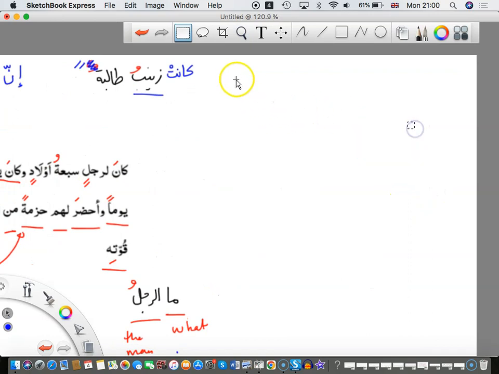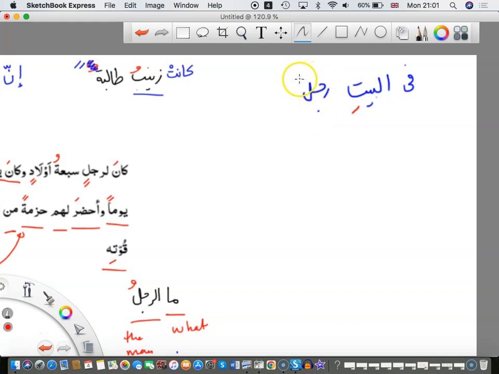Okay, so fi al-bayt rajul. Okay, let's put the vowels on this. Do we need to put a vowel on fi? Do you put a vowel on bayt? Kasra, single kasra. What about rajul? Come on, roll the dice.